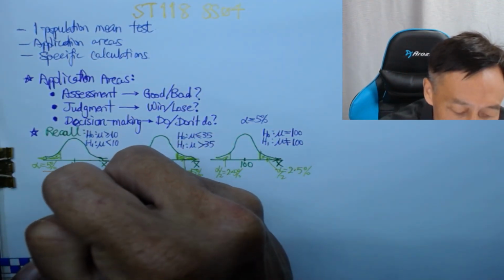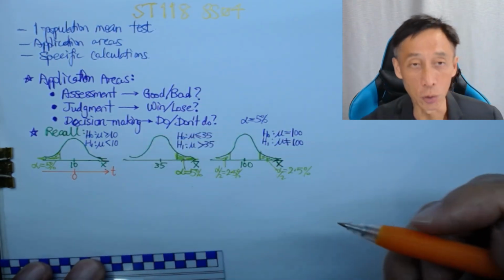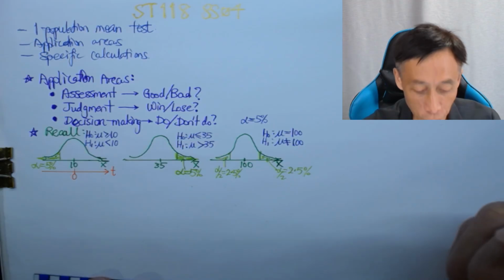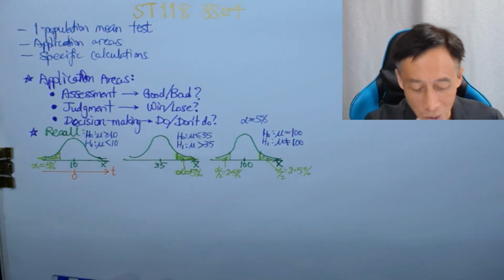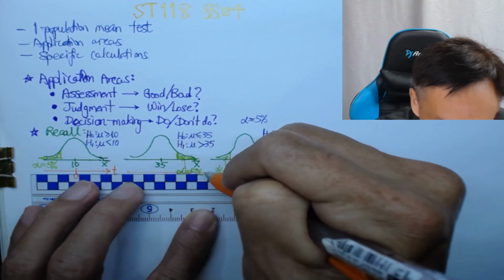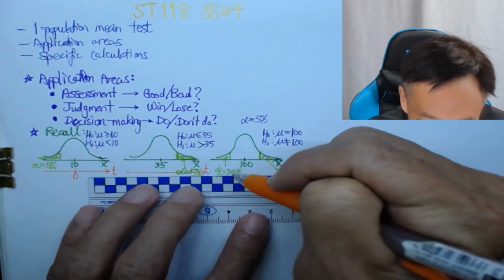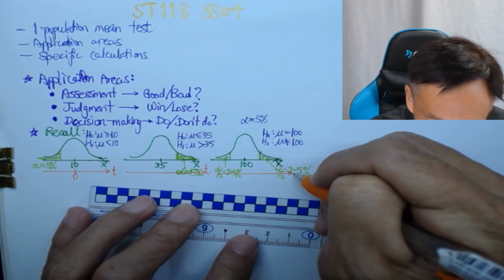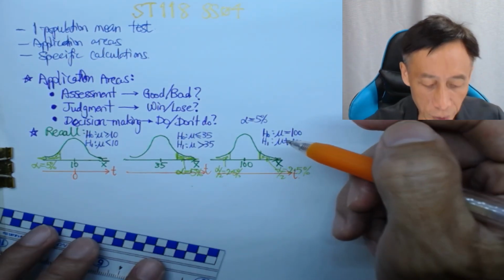So T is created to compensate for all these with a reduction in degrees of freedom and some modification in the tails. The details you can read about if you're interested, but we're just going to continue our video here. All right, I'm just going to write across those alpha wordings because you already know them.